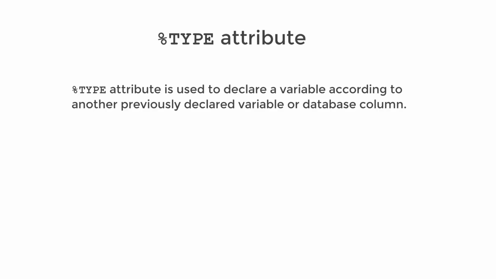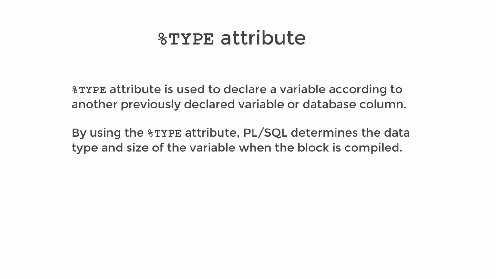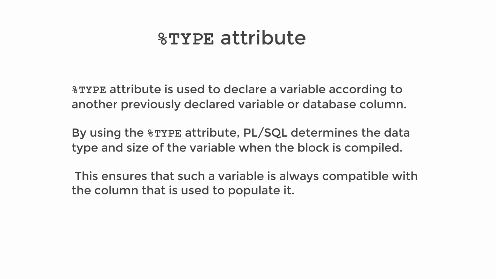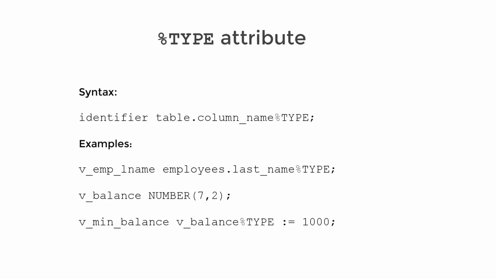Percentile type attribute is used to declare a variable according to another previously declared variable or database column. By using the percentile type attribute, PL/SQL determines the data type and size of the variable when the block is compiled. This ensures that such a variable is always compatible with the column that is used to populate it.